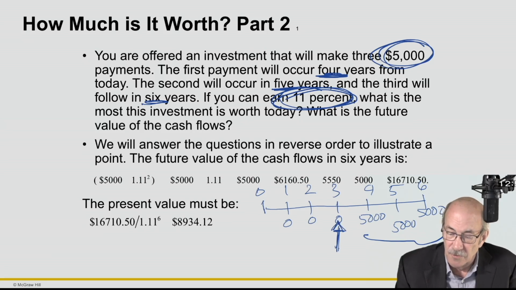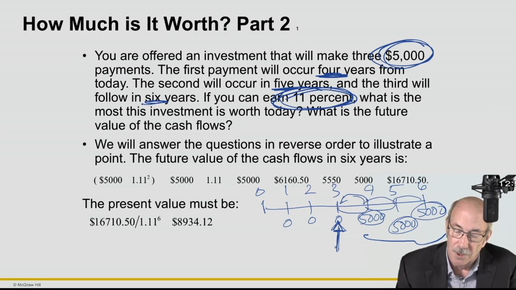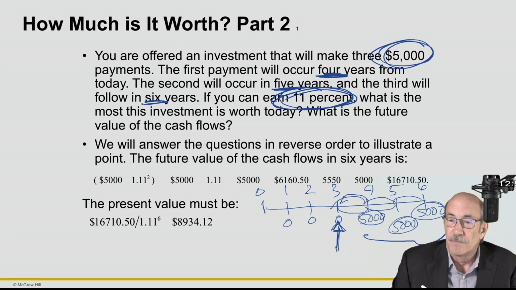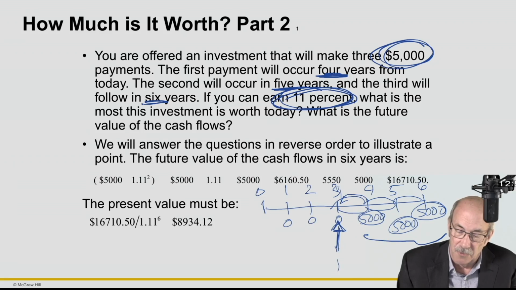So in other words, we're moving this 5K back 1 year. We're moving this 5K back 2 years. We're moving this 5K back 1, 2, 3 years. Now they're all lined up, but they're out here, and we really want them back here today.